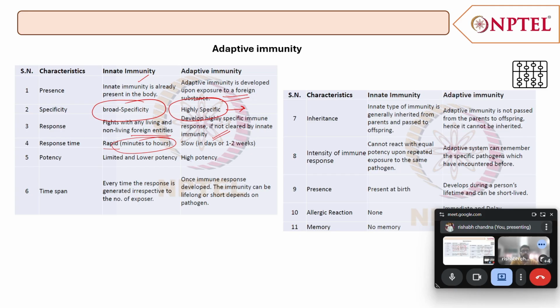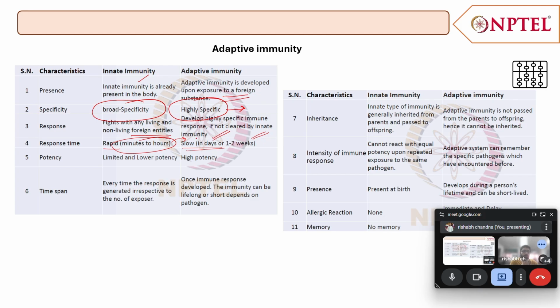Now, adaptive immunity is slow, because if innate immunity is not able to properly overcome the infection, it leads to adaptive immunity, and it takes around days or weeks to start the immune response.